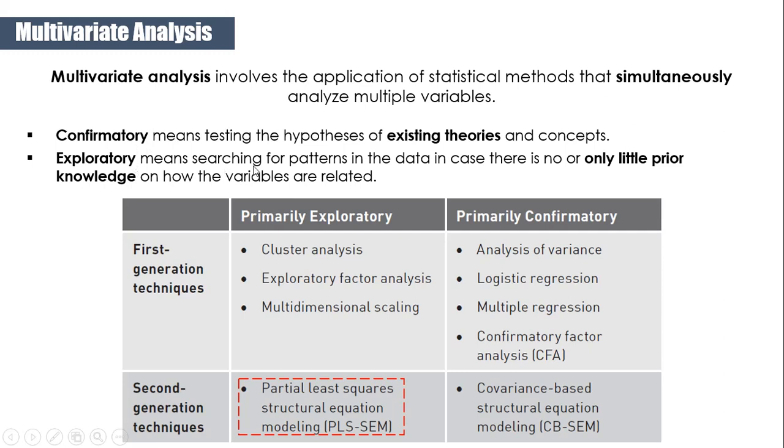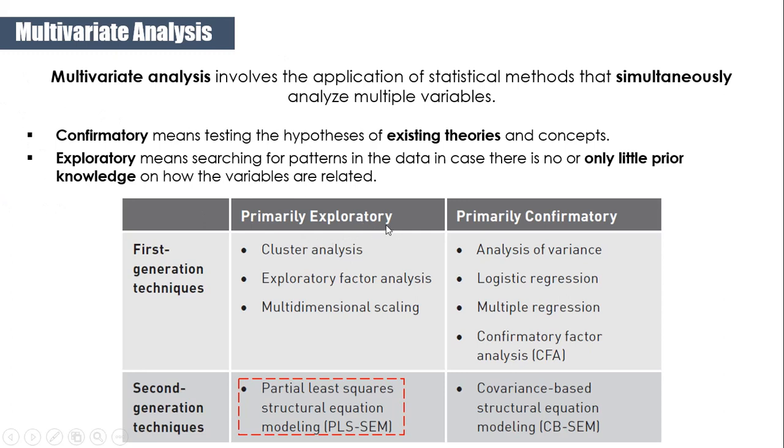But exploratory means searching for patterns in the data in case there is no or only little prior knowledge on how the variables are related. That means we are trying to explore the relationship, or, for example, we are trying to add an additional variable to a theory that was established previously. At that time we can apply this exploratory one.